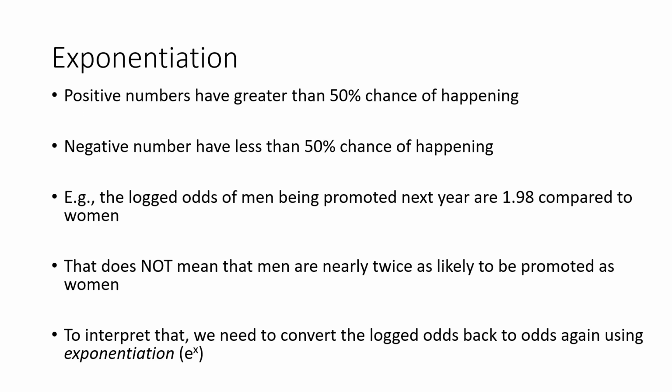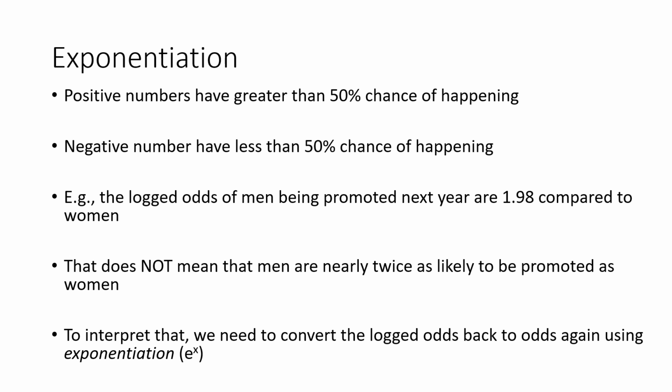Think back to the previous lecture where I walked you through the concept of probabilities and odds. And I showed you how to start with a probability and convert that probability into odds. And then I also showed you how to convert odds into logged odds or logits.